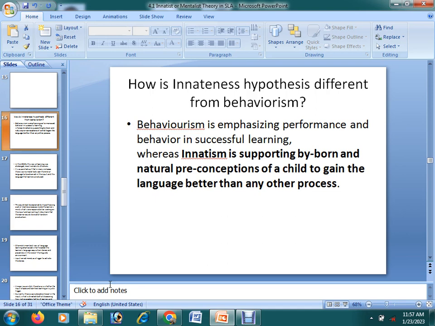But in Skinner, that is operant conditioning. Operant means operate. One thing will operate the other. A positive stimulus will inspire you positively, and you will be open to learn anything.